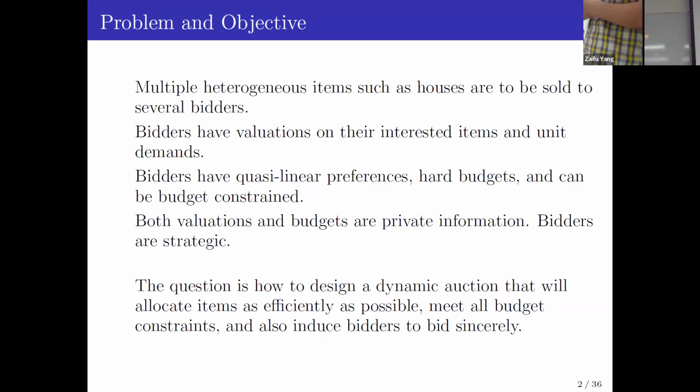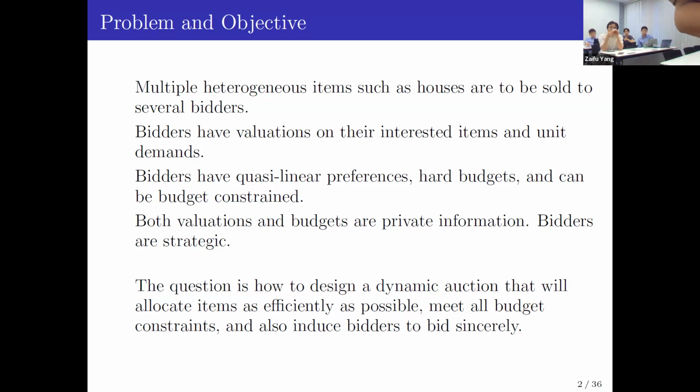Here we actually have two different types of private information. One is the budgets, the other is the valuations. You probably know that in contract theory, if agents have more than one-dimensional private information, then the design becomes much more complicated.